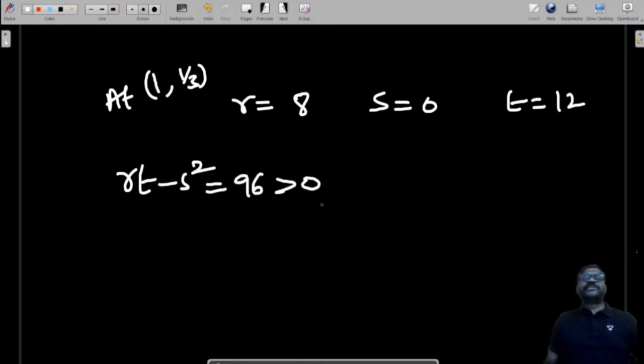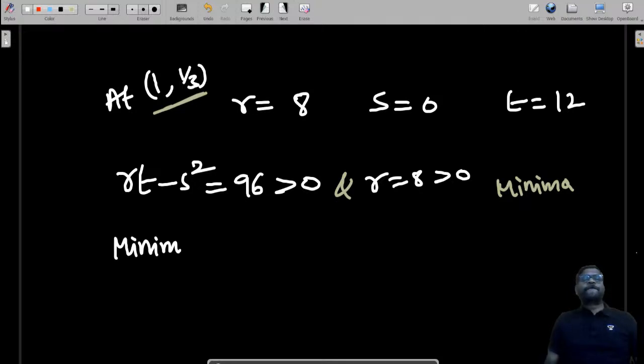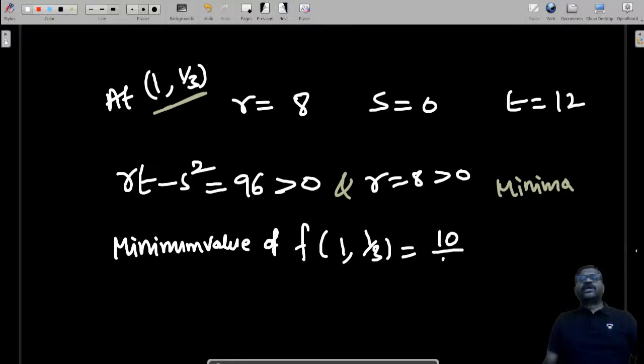rt - s² is 96. r is 8, greater than 0. So both are greater than 0, which means minima. The function attains minima at (1, 1/3). Minimum value of f is f(1, 1/3) = 10/3.